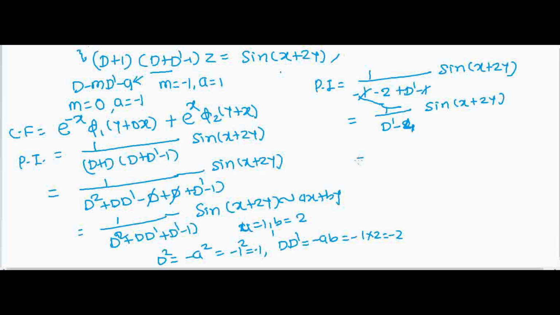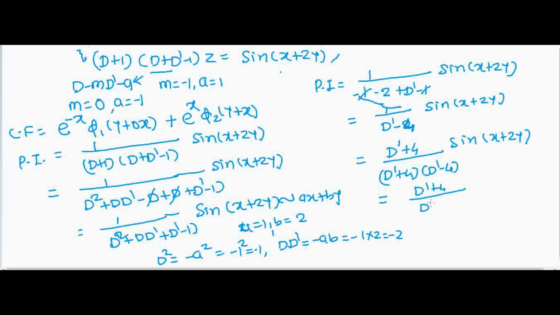Now we multiply and divide by D dash plus 4, so D dash plus 4 divided by D dash plus 4 into D dash minus 4 sine of x plus 2y. This is equal to D dash plus 4, and in the denominator we have D dash square minus 16, sine of x plus 2y.